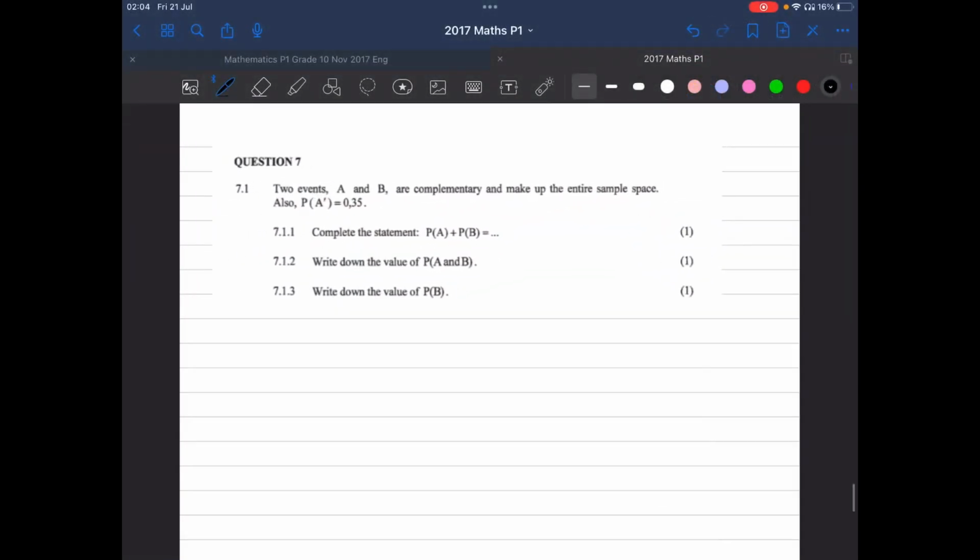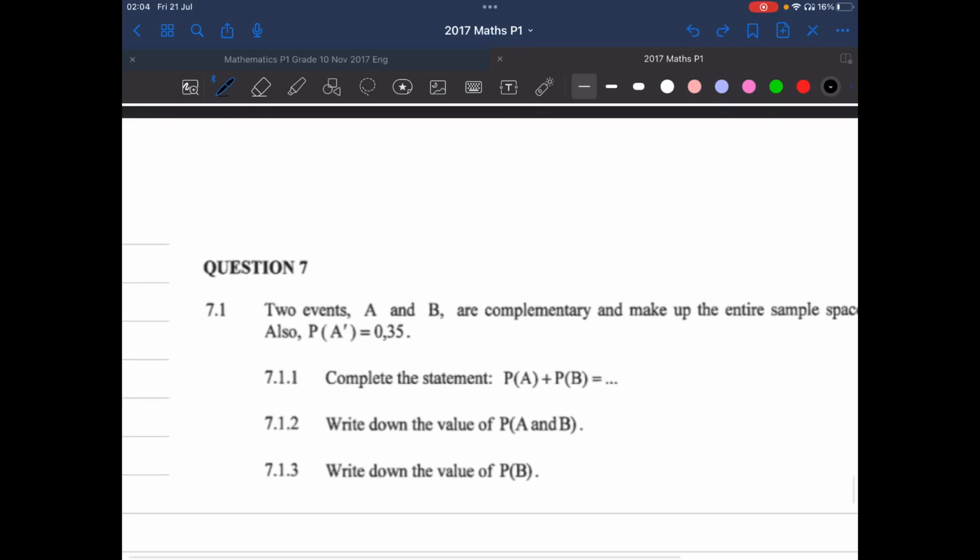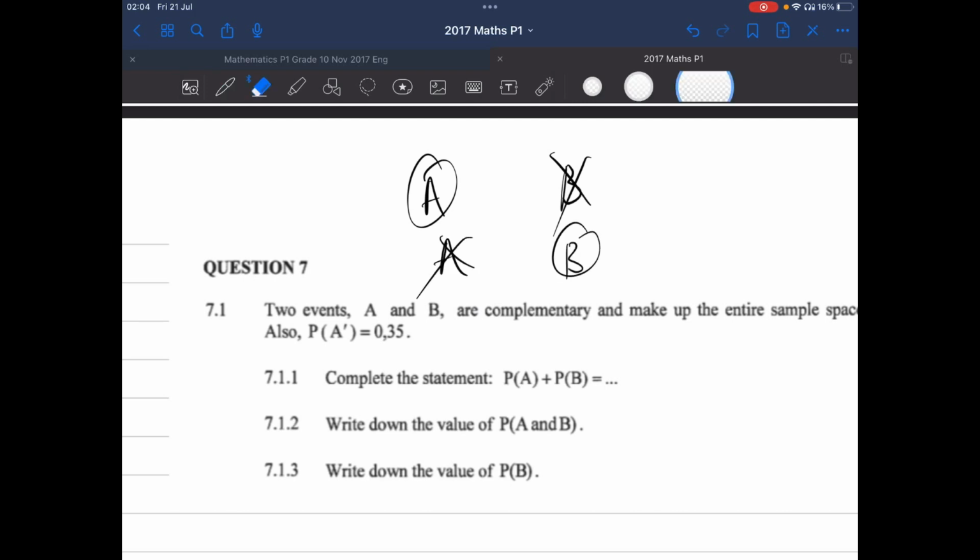We're now going to look at question 7. This is a probability question. Two events A and B are complementary. What does it mean for two events to be complementary? It means that if event A happens, then event B can't happen, and likewise, if event B happens, then event A can't happen.